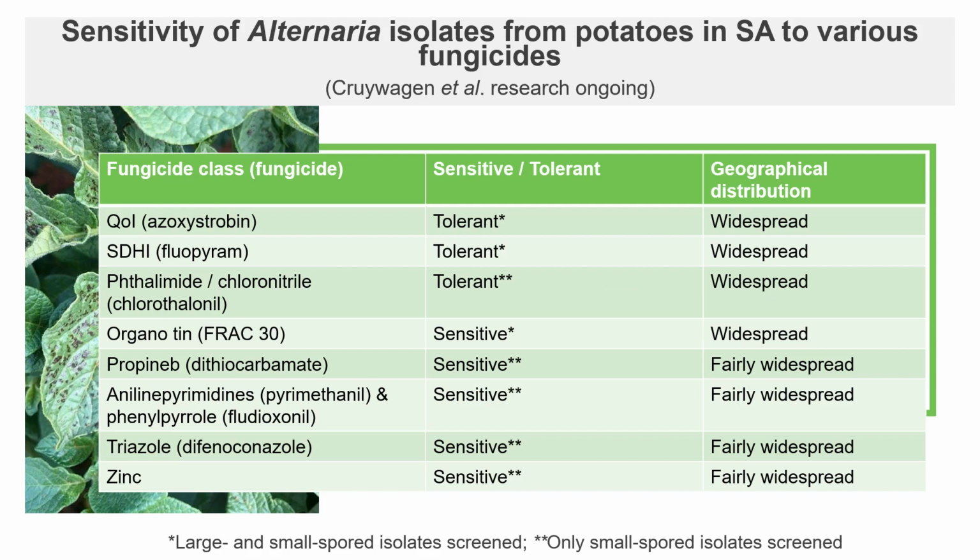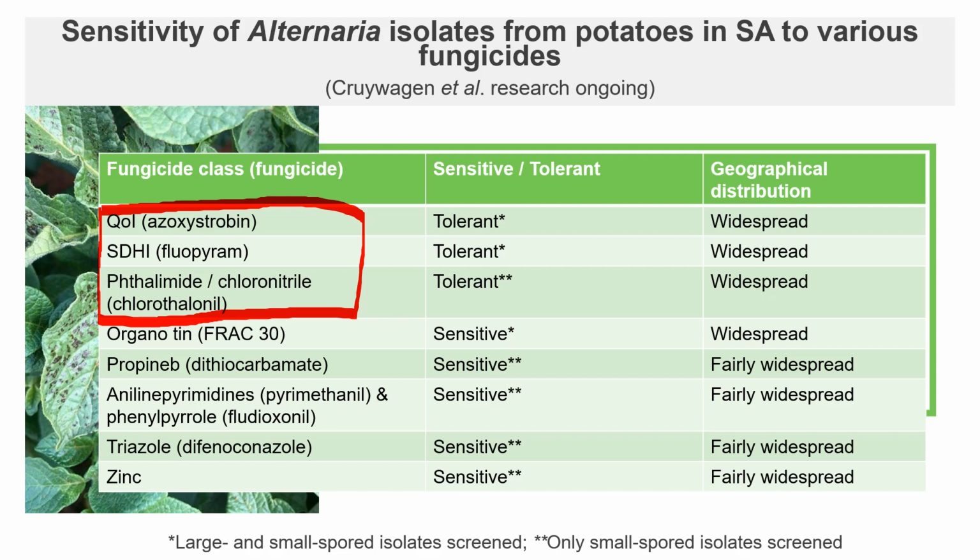So let me first show you that the ones highlighted with 1 star were tested on large and small spored isolates, in other words, Alternaria solani and Alternaria alternata, and those with 2 stars were only tested on the small spored isolates. But what we need to look at here is these 3 fungicide groups. The isolates are tolerant.